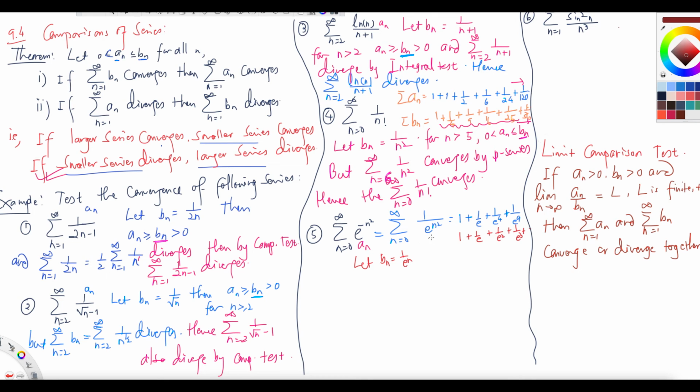Then how does summation bn look? Summation bn, n equals 0 to infinity, looks like 1 over e to the 0 is 1, plus 1 over e to the 1 is 1 over e, plus 1 over e to the 2, plus 1 over e to the 3, and so on.